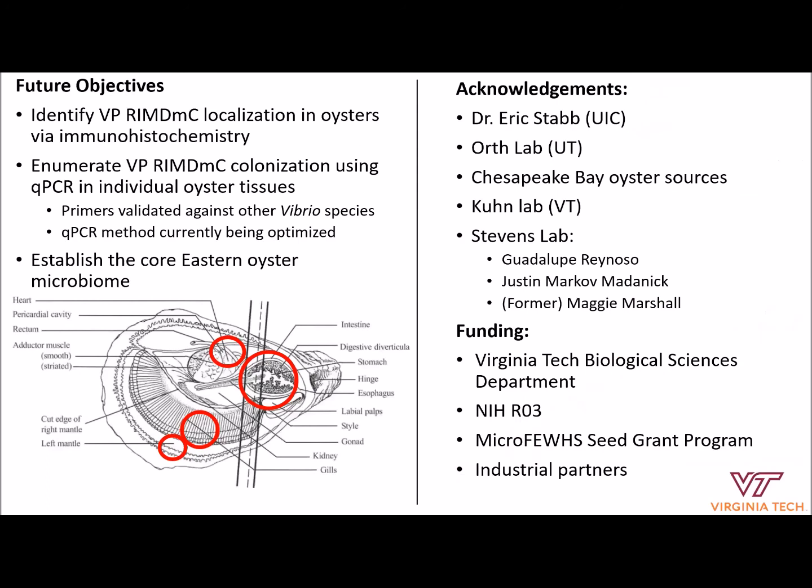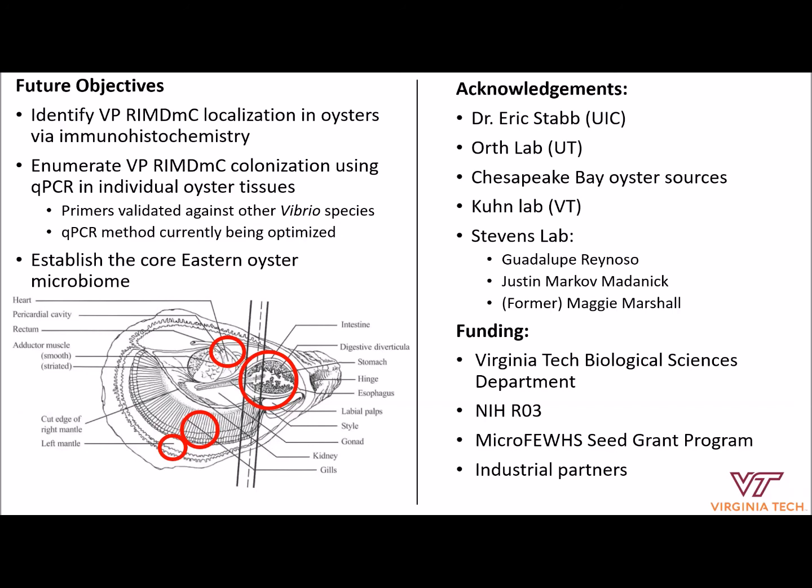So I mentioned before that we're going to send off samples for microscopy. The reason for this is that we also want to investigate how VP-RMD is localized within oysters. Is it intracellular or does it stay extracellular? Which organs do we see it mostly in? So these questions we want to get answered by immunohistochemistry. We're also going to enumerate the amount of VP within the oysters using a qPCR-based method.